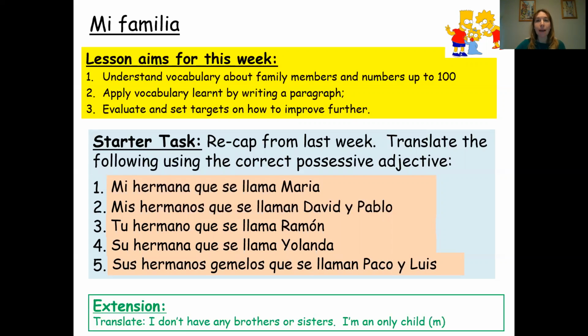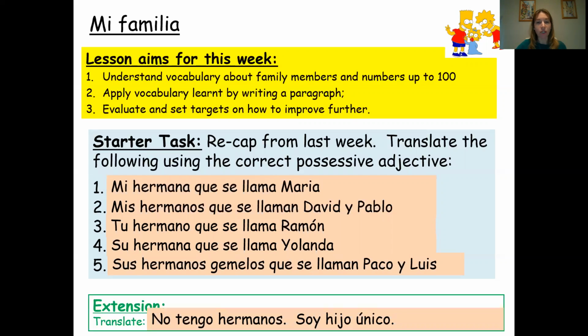Gemelos que se llaman Paco y Luis. So again, we're agreeing that llaman because it's plural. And you remember boy twins are gemelos, girl twins are gemelas. So the extension, I don't have any brothers or sisters, I'm an only child, no tengo hermanos, soy hijo único. And if it was actually a girl who was an only child, you would say soy hija única.